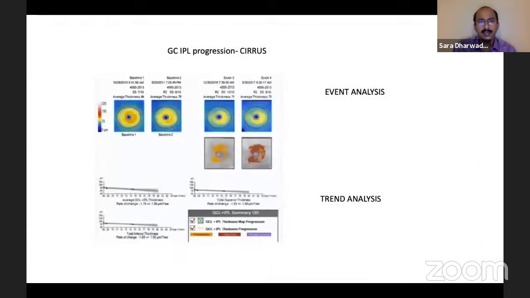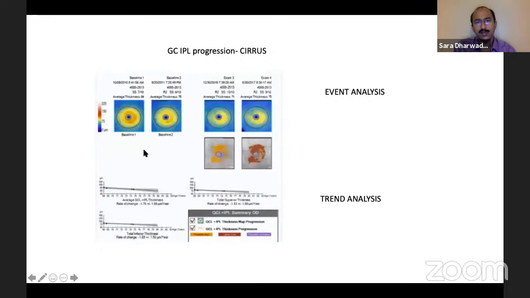Similar progression analysis is available with the ganglion cell layer. This is the GC-IPL from the Cirrus, and here also you get 2 baseline scans similar to what you get in the visual fields, and then you get follow-up scans. Again, I told you the imaging criteria, the imaging modality, and the scan scores are very, very important.